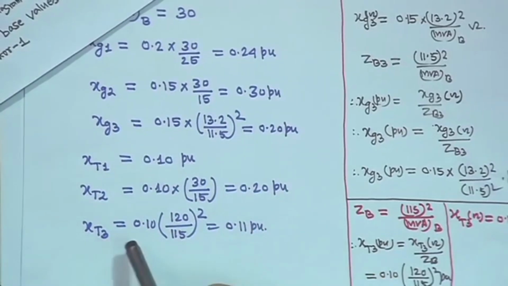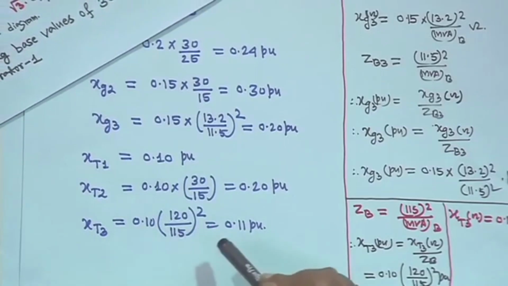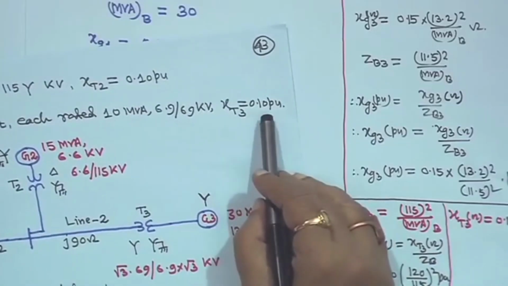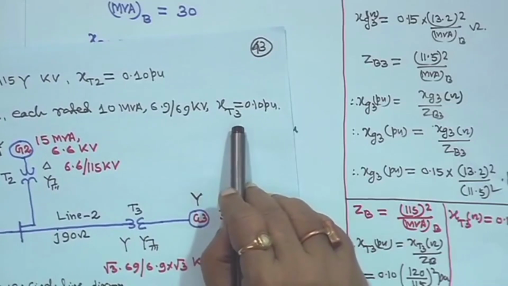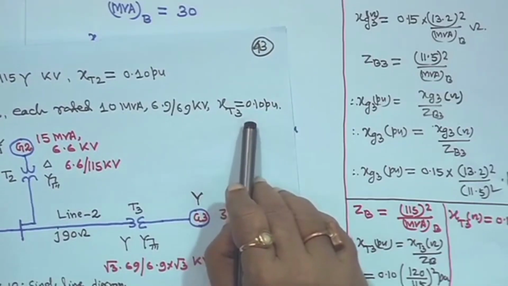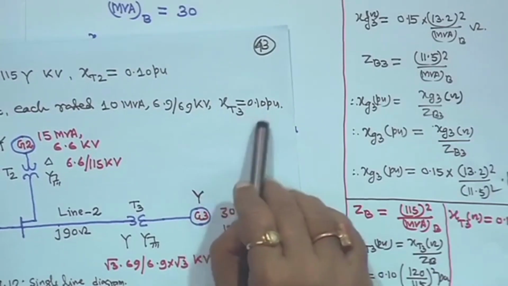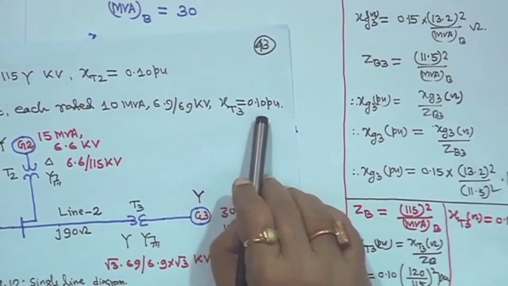Similarly, for transformer T3, three single-phase transformers have been made, but its rating is given in per unit, 0.10. Remember one thing: whether single phase or three phase does not matter. Even if it is given per unit, you have to take 0.10 as it is for three phase. Please do not multiply by 3 or root 3, it is given per unit, otherwise things will be wrong.